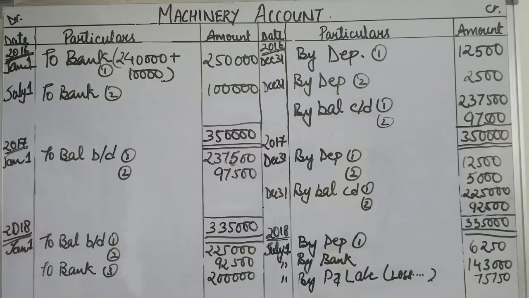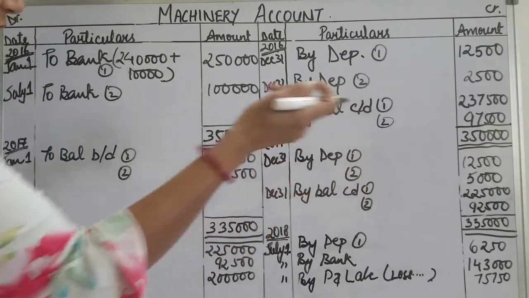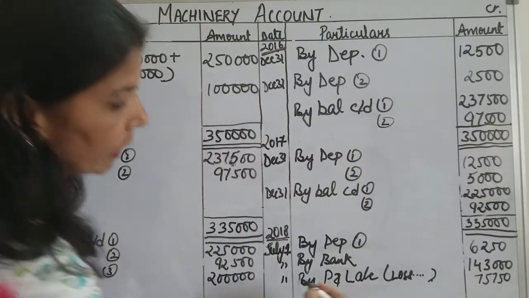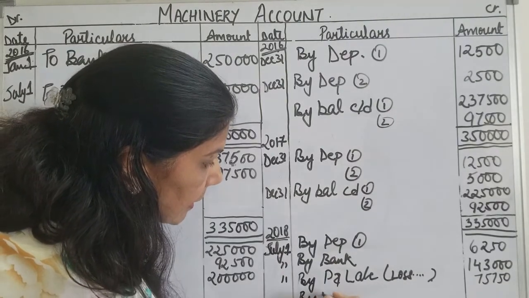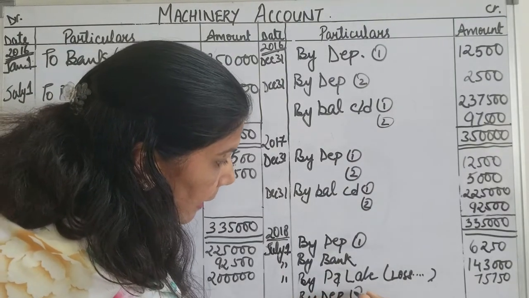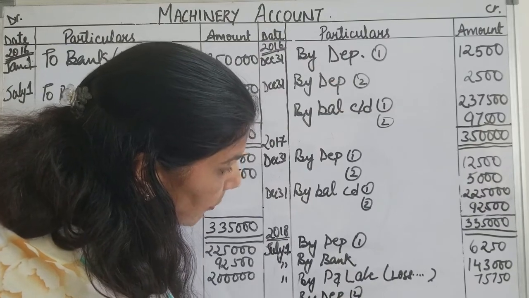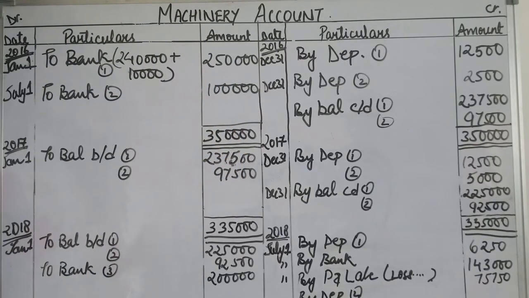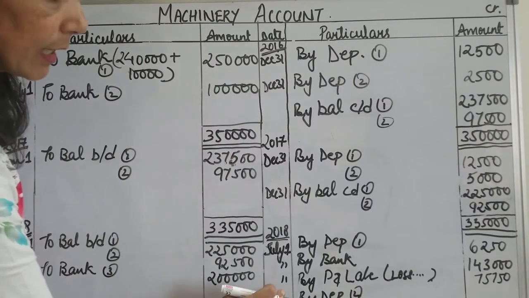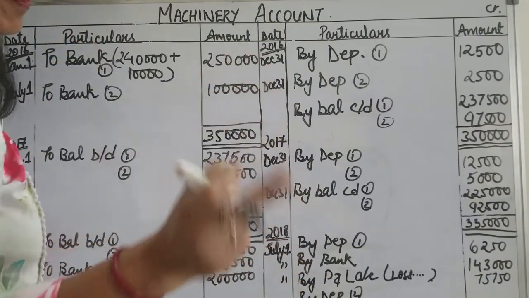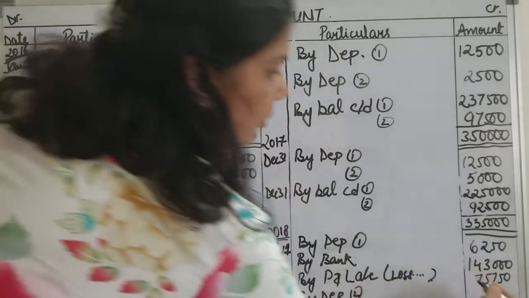Now depreciation will be provided on our second machinery and on our third machinery. So we'll write like by depreciation second machinery and depreciation on third machinery. So depreciation on second machinery is rupees 5,000, full year's depreciation.